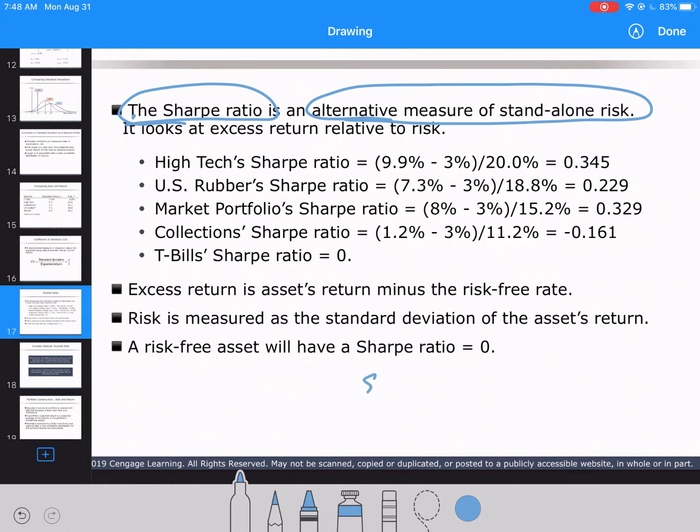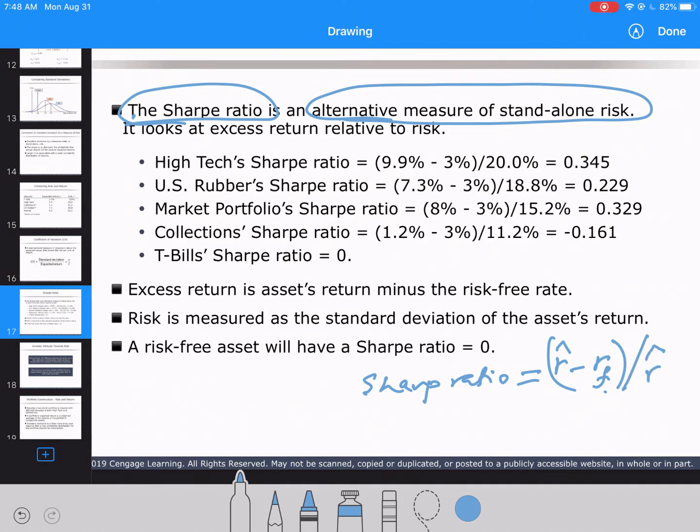So Sharpe ratio is basically the excess return: expected return minus risk-free, divided by the risk.